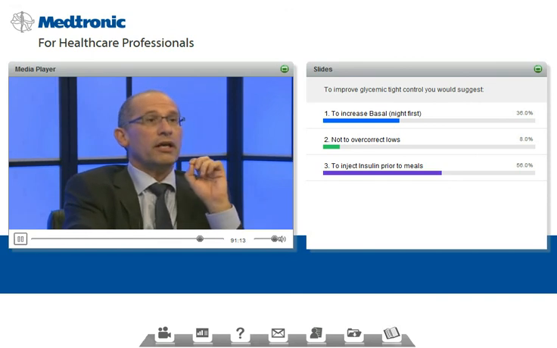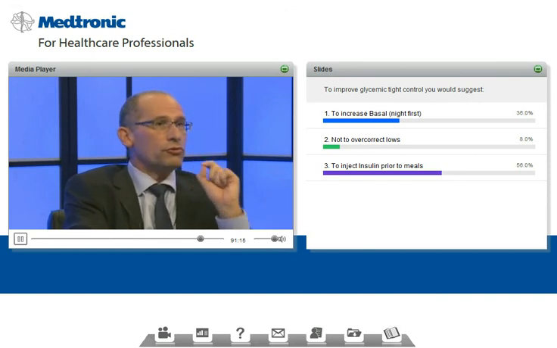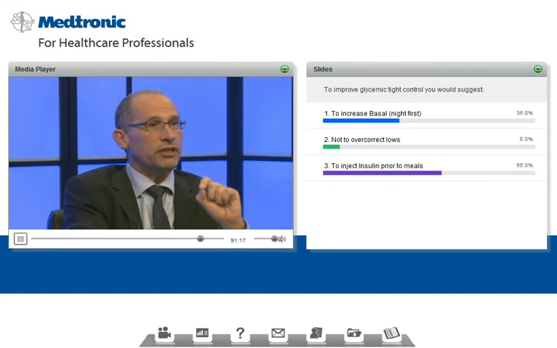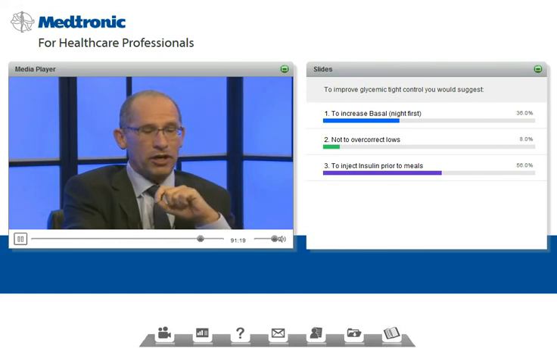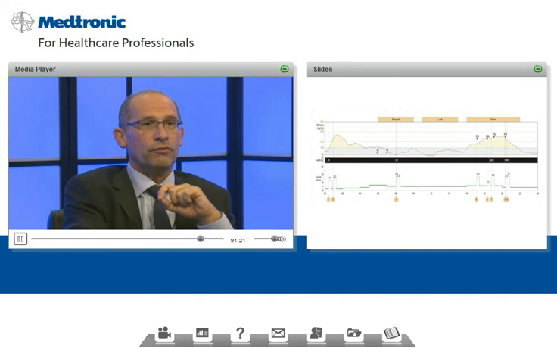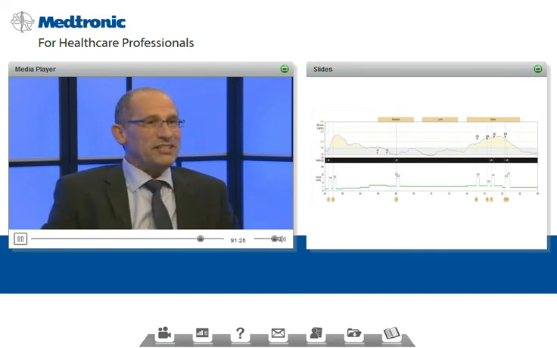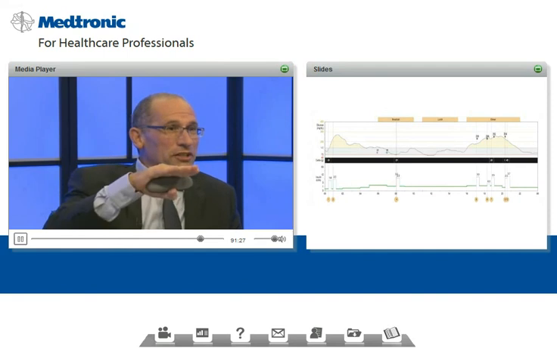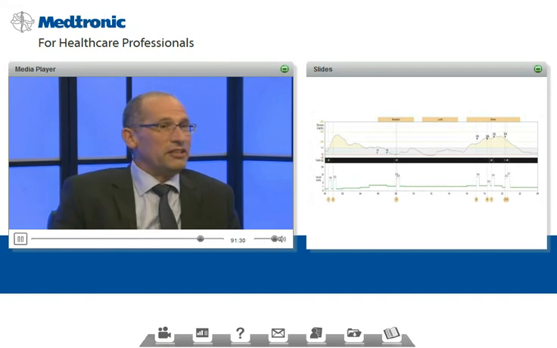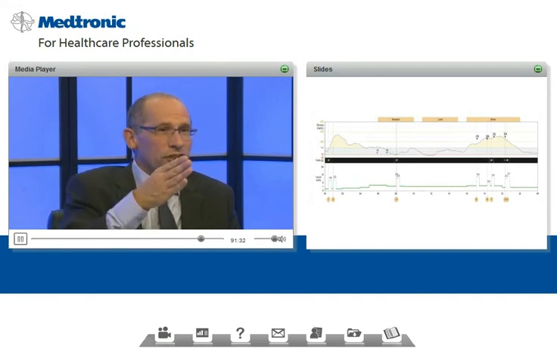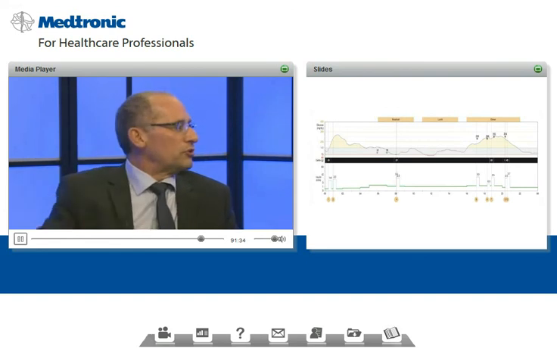And I think a lot of credit goes to those who also found out that the issue is to inject prior to meals. So if we go to, just a second, to this daily download, you can see that the patient in this lunch and in the dinner time does the first injection after the blood glucose starts to increase.